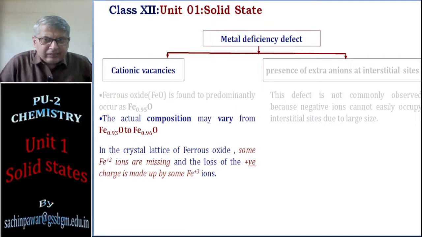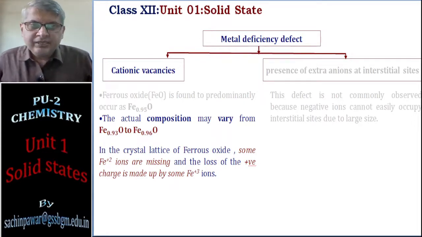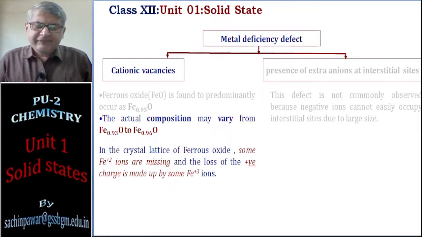Because of that, the ratio of Fe plus 2 and O minus 2 ions, which should be 1:1, is disturbed, because some Fe plus 2 ions are missing, so we have a cation vacancy. And this completes the metal excess defect and metal deficiency defect of solids.